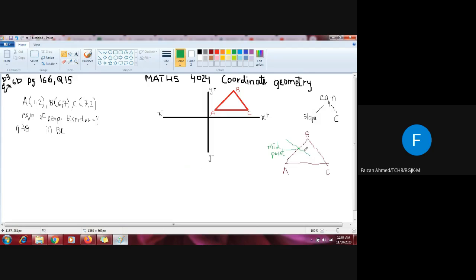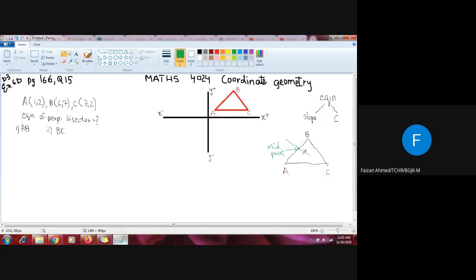The next thing is the word perpendicular. Perpendicular means this side AB and the perpendicular bisector are perpendicular to each other, meaning they will be making an angle of 90 degrees. And I have the knowledge of perpendicular lines. I know that the slope of my line AB and this perpendicular have a relation.